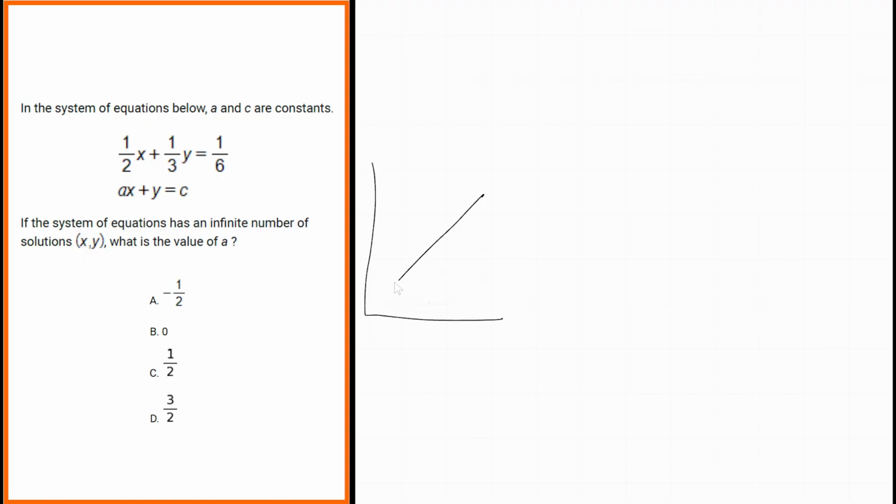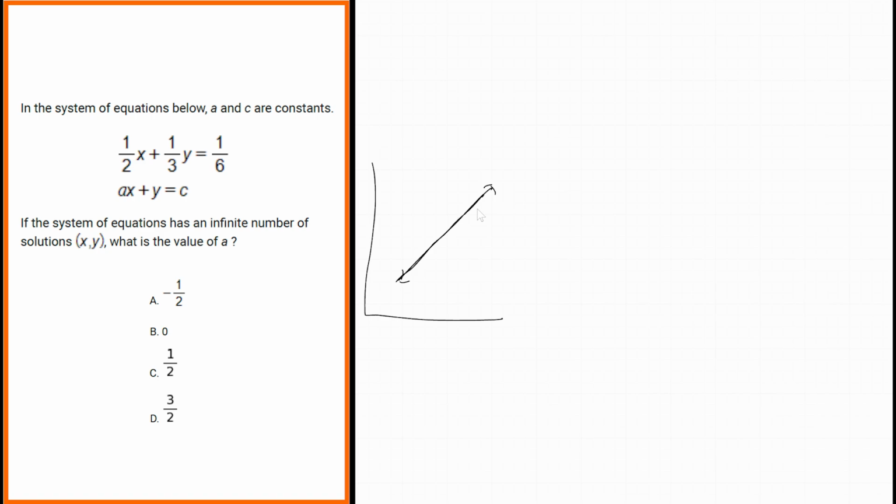Or they could be the exact same line, in which case every single point on that line is a solution to the systems of equations, or in other words, there's infinitely many solutions. This video is asking for the situation in which there are infinitely many solutions. So we have to find the values of A and C such that these two equations are equal to each other.